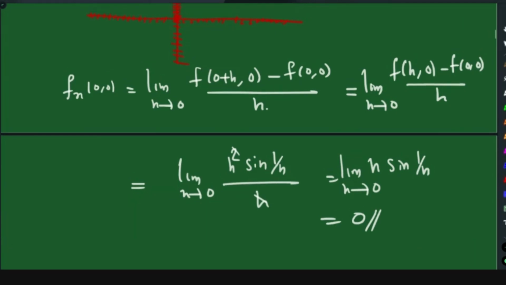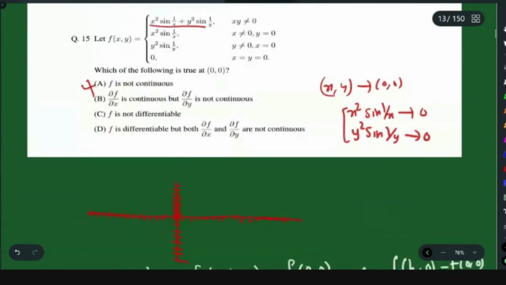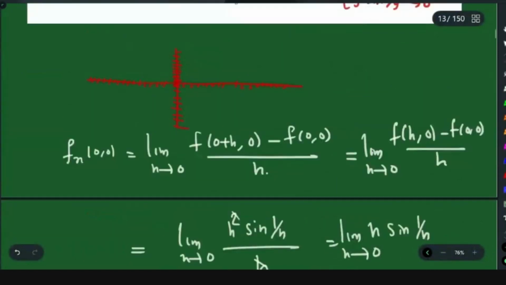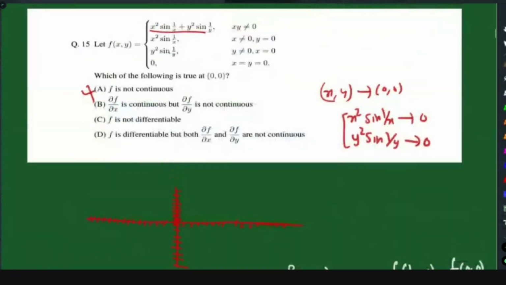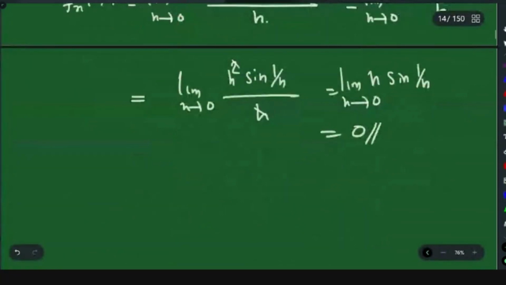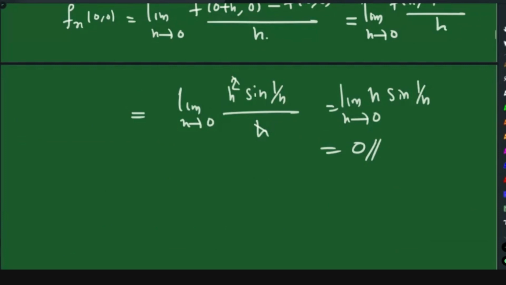So what about fy at (0, 0)? You can do it in a similar way, right? For fy at (0, 0), you have to take the third function, y squared sine 1 by y, because x is 0 there and the y component is h. The same way you can compute. So you will get fy at (0, 0) is also 0.